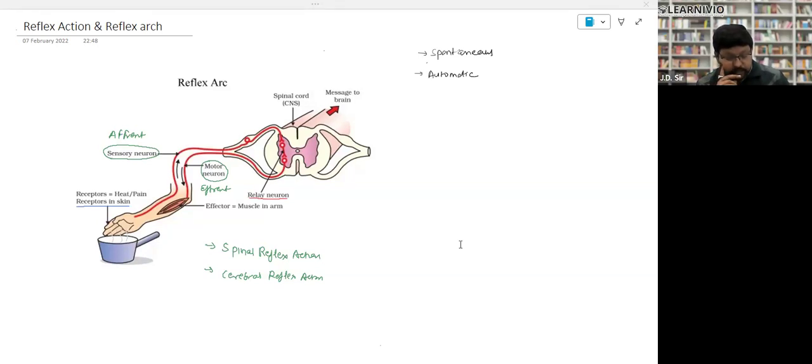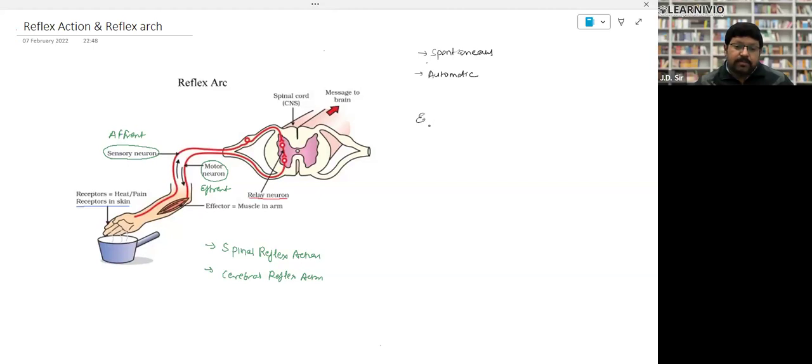Full stop. Thus, the path an impulse travels during reflex action is called the reflex arc.